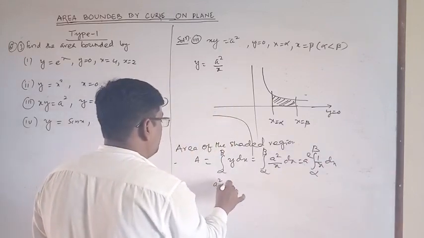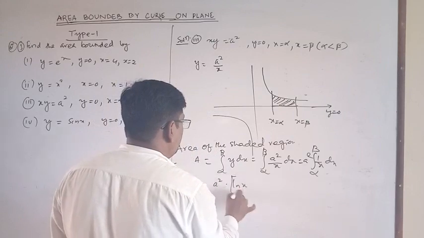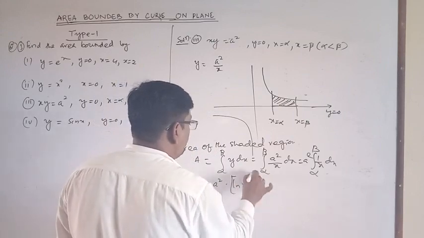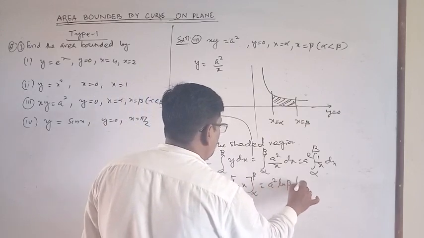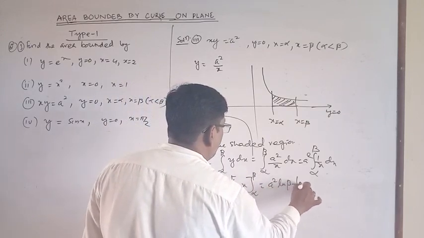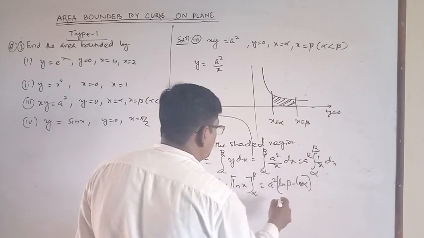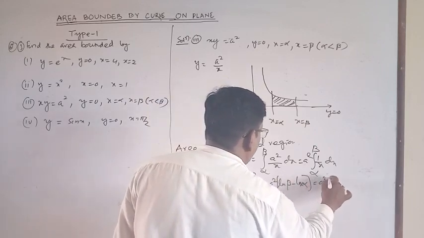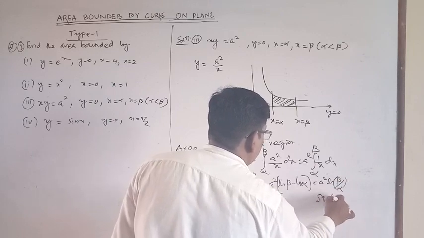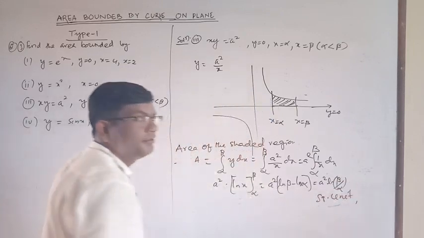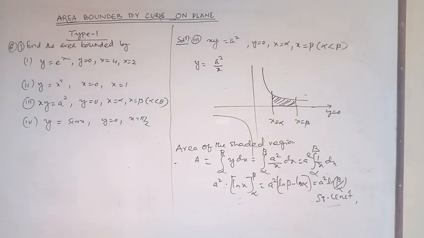So a square into log x, limit alpha to beta. So a square into log beta minus log alpha, so a square into log beta by alpha square unit. This is the solution of question number 3. Now solution of question number 4.